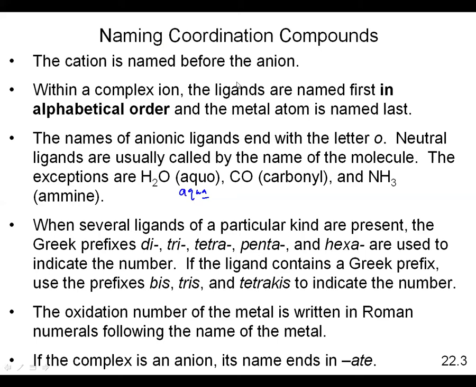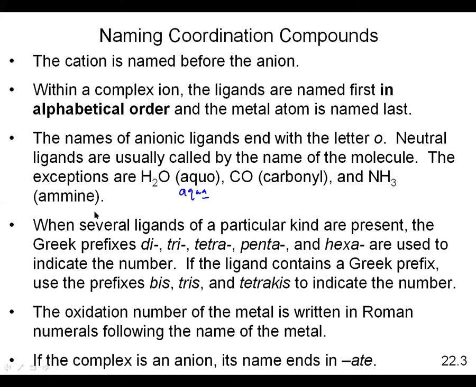Now, one of the confusing things as you go to name these: if a ligand contains a prefix in the name already, you then use bis for 2 of them, tris for 3, tetrakis for 4. So if the name of the ligand itself has a prefix in it, you would not use di, tri, tetra, penta, or hexa.